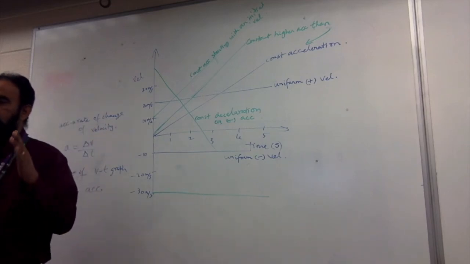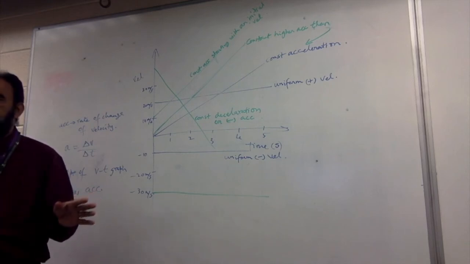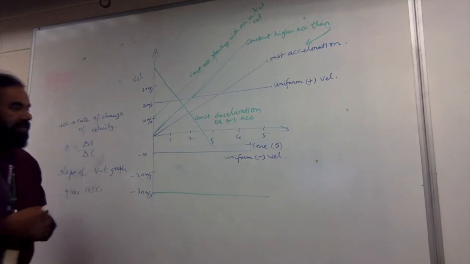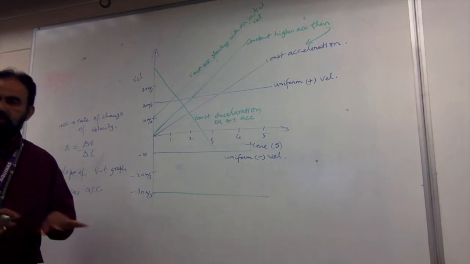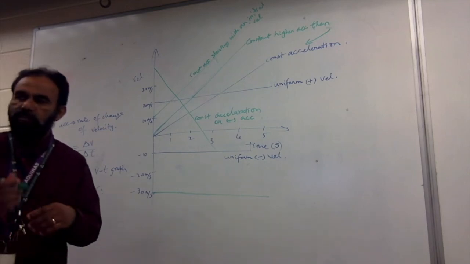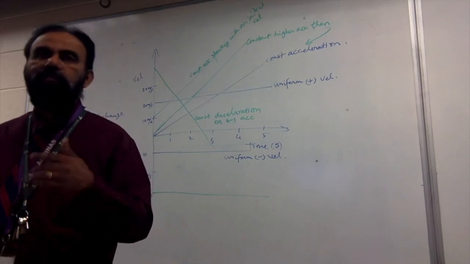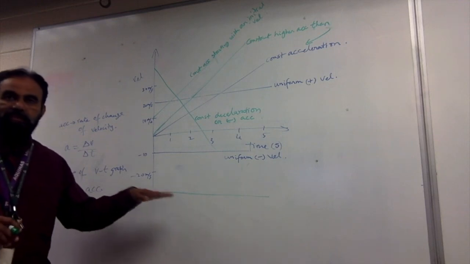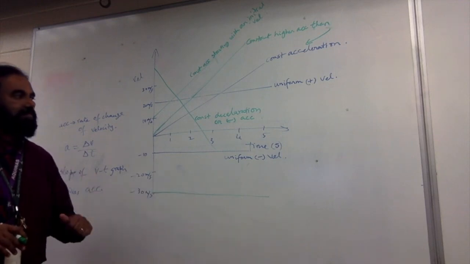So if something has zero slope on a velocity time graph, it stays at the same velocity. This one stays at negative 30, which means it's going backward at 30 meters per second. Right? Got it? It is not changing. It is acceleration of zero and a constant negative velocity.